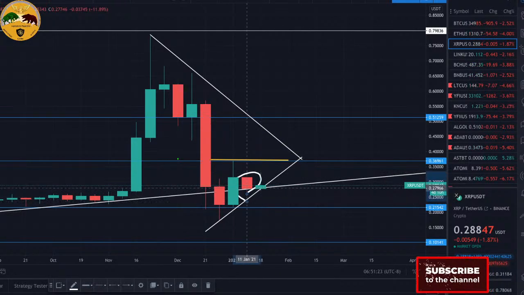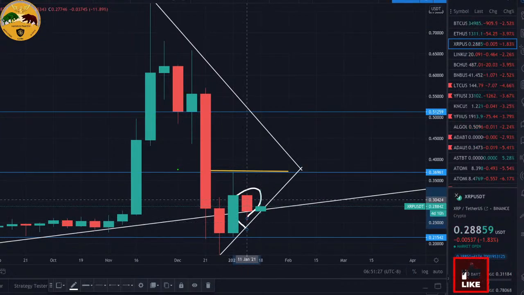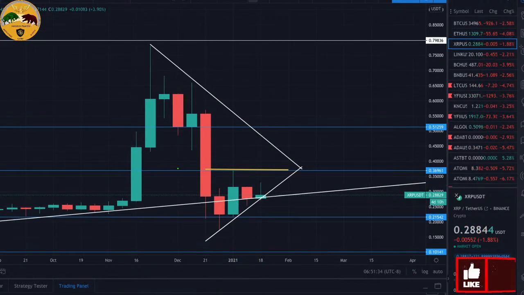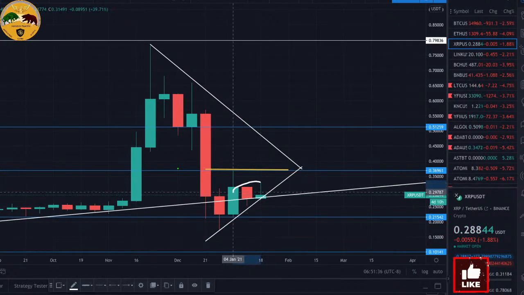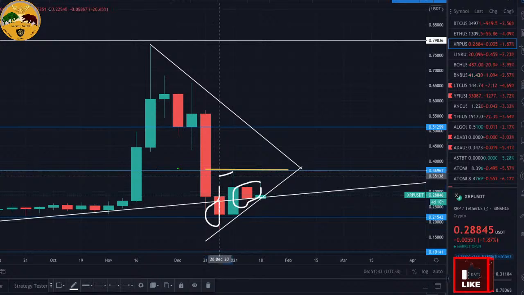These sellers, those who are selling this particular zone, are trapped right now on the support. They are trapped. That's why I said a stop loss hunt is going to happen anytime soon, because of the sellers who are selling this bar. They are trapped because these sellers who sold this bar got rejected by this bar.